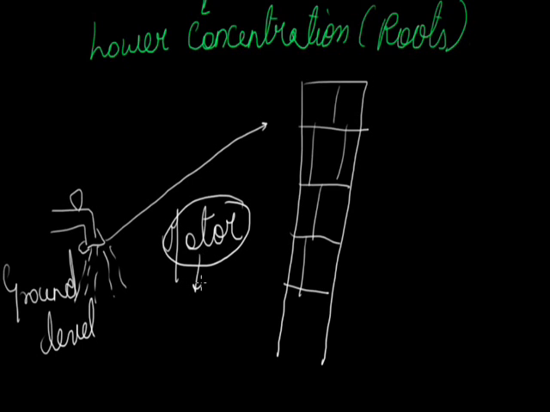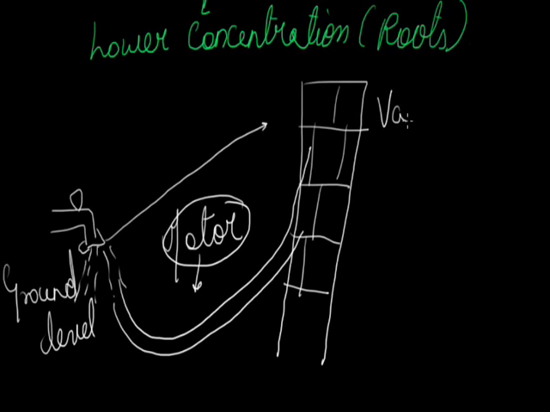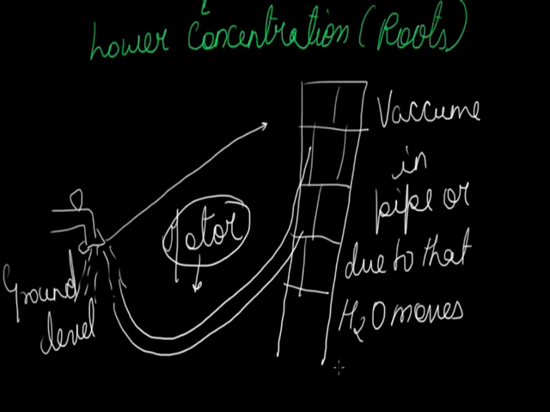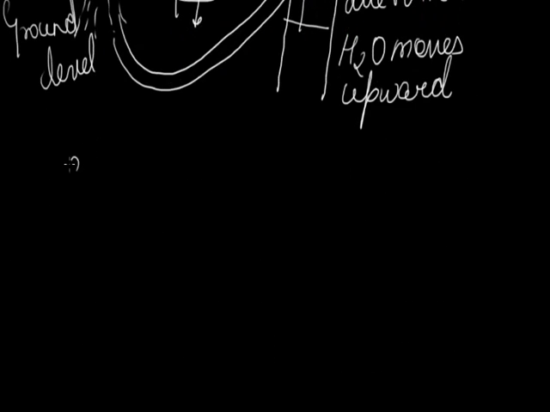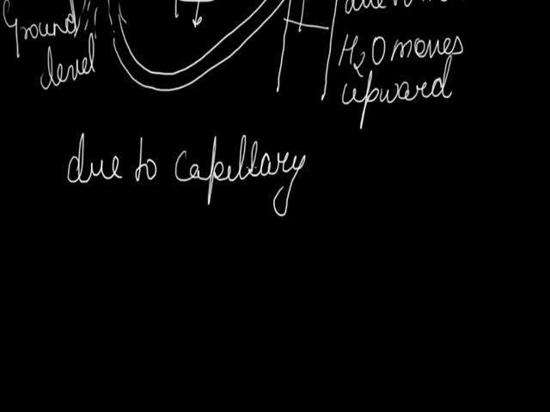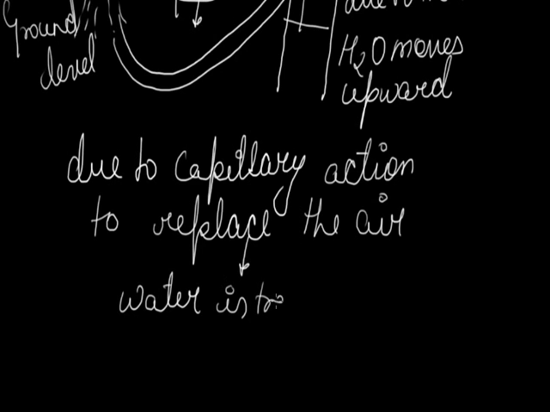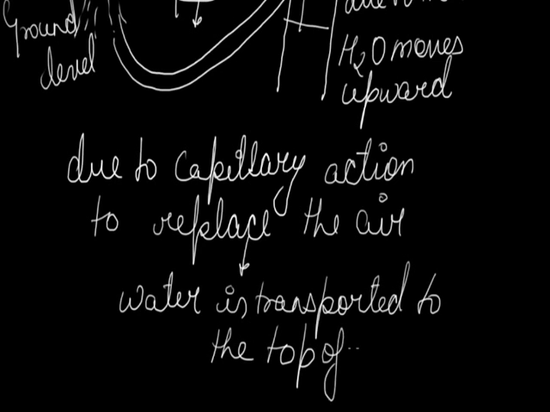What the motor does is, in the connection of pipe, it creates a vacuum in the pipe, and due to that the water moves upward, due to capillary action, to displace or replace the air. This is how water is transported to the higher level or to the top of the building.